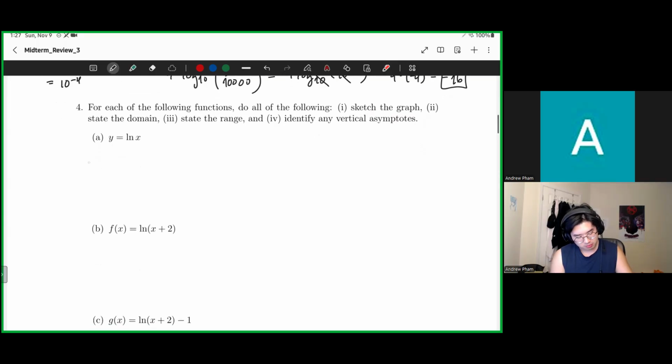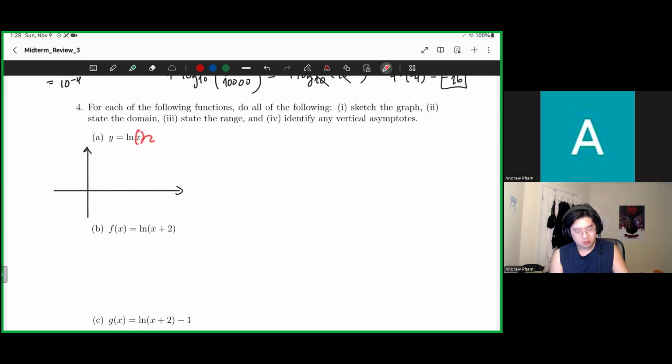So for the sketch, you can be really quick about it. The only thing that I would suggest you worry about is whether or not you're placing your vertical asymptotes correctly. That's the main idea, and if you get the shape of the logarithm right. Remember, the shape of a logarithm looks like this. So for y equals ln x, we know that the horizontal displacement determines not only your domain, but also the location of your vertical asymptote.